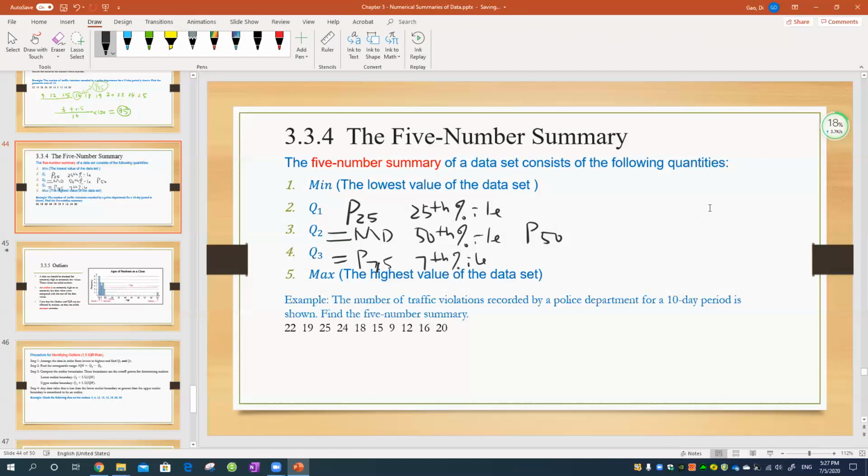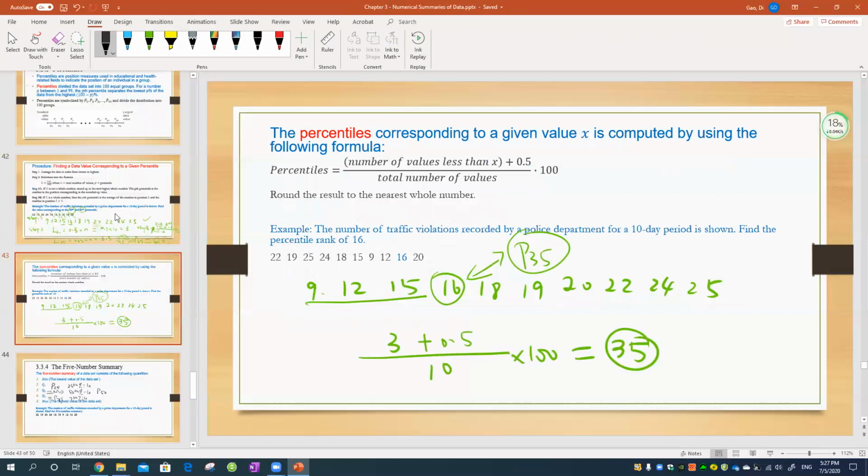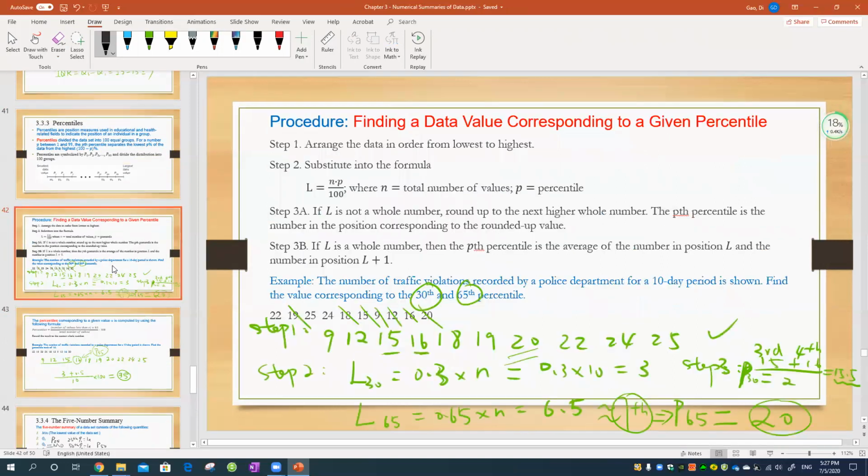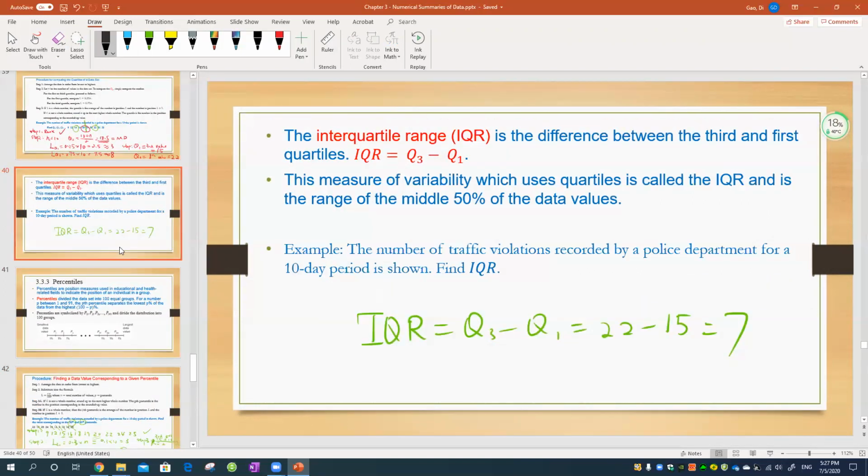So now we're gonna find the five-number summary for that old example, which is about the traffic violations. So we have calculated Q1 and Q3 for this data set, which is 15 and 22.